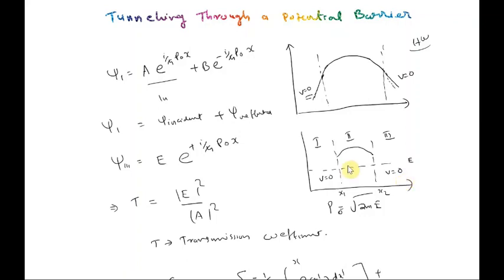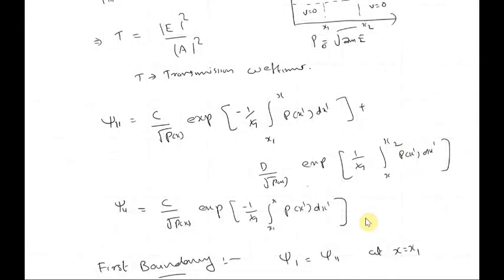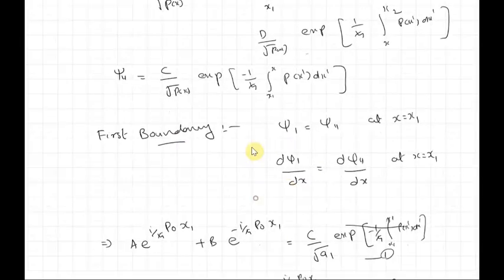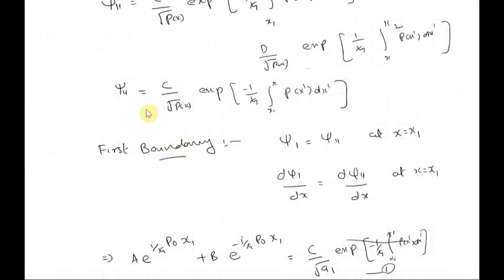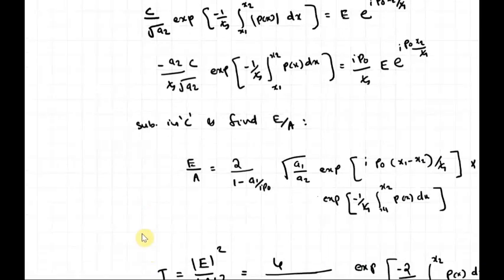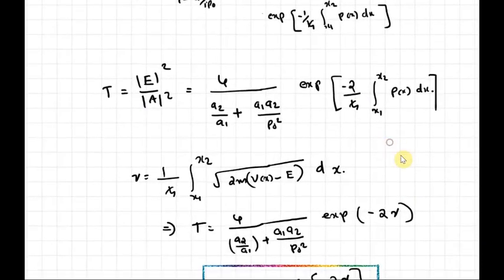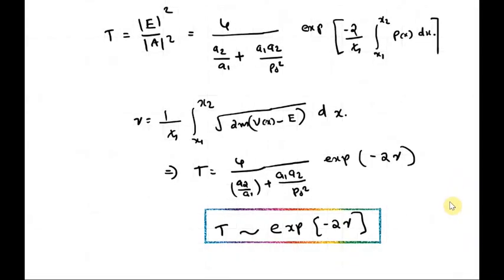Instead of the boundary condition, you apply the connection formula and do exactly the same process. Apply the boundary condition to the region for the wave function that you obtain, and finally get the value of the transmission coefficient. That is something you can do by yourself.